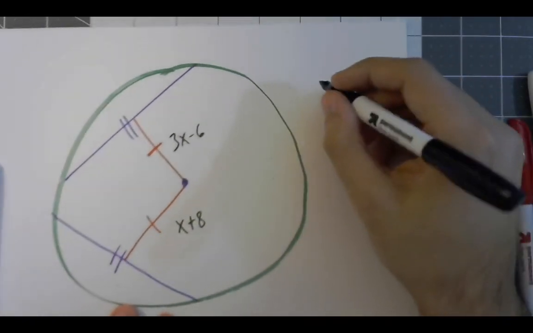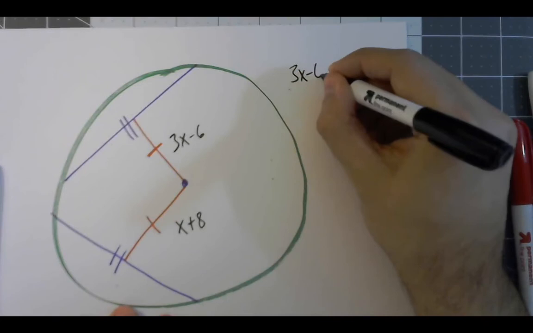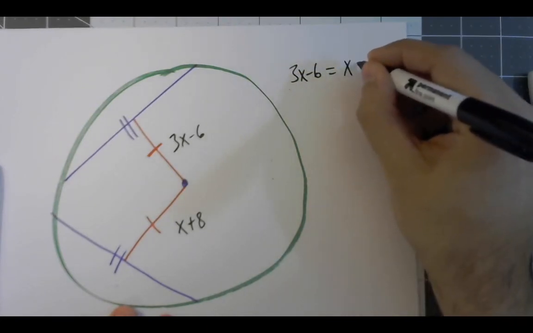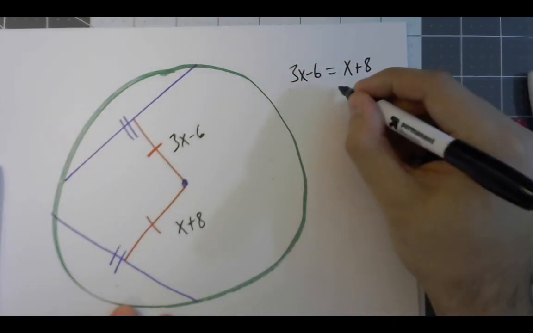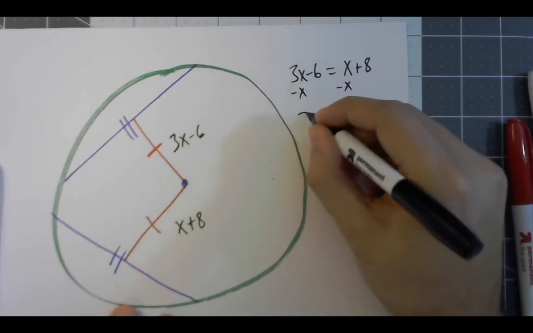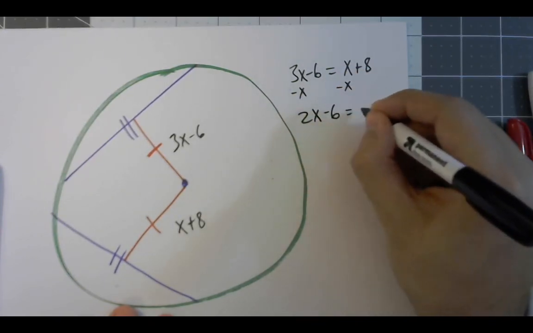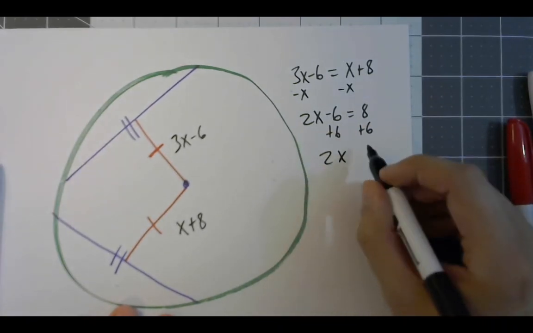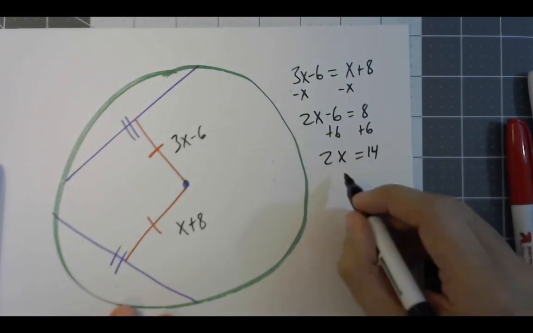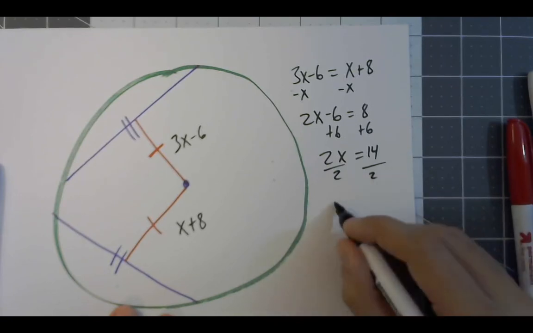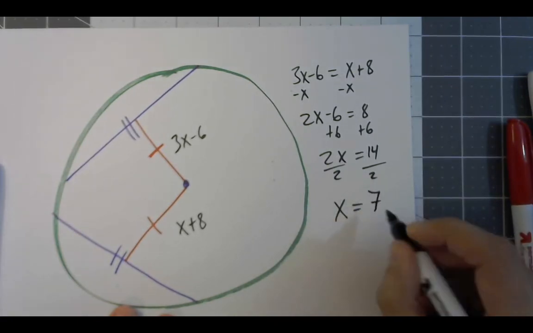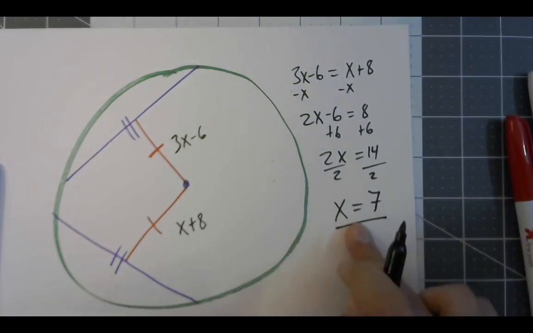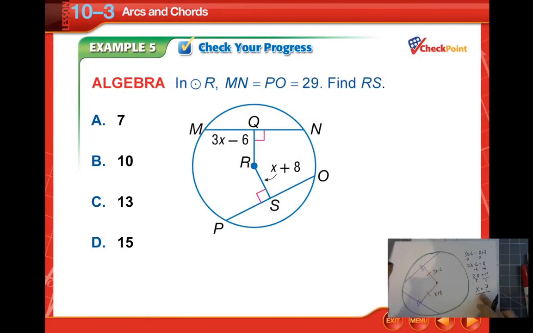So I know that 3x minus 6 and x plus 8 match. So I can subtract x, subtract x. So 2x is 14, move the 2, move the 2. X is 7. That's probably not what it wants. It probably wants us to plug it back in.